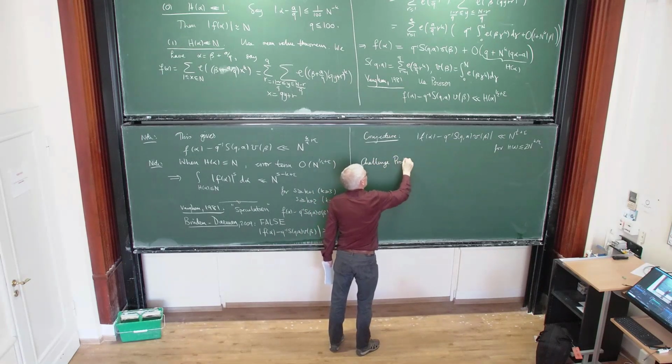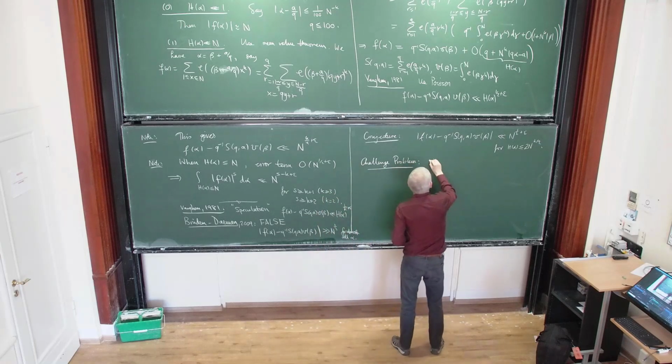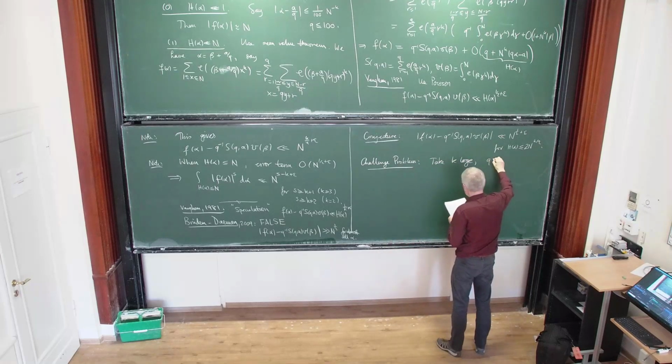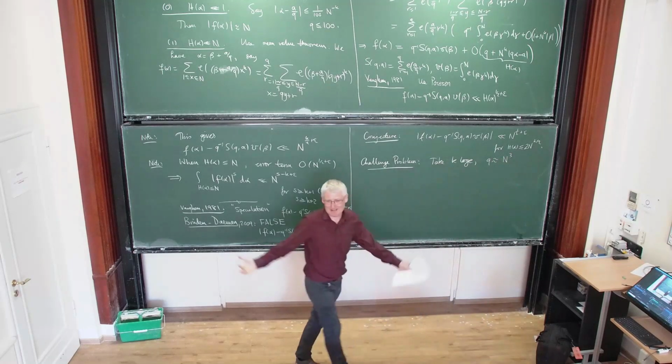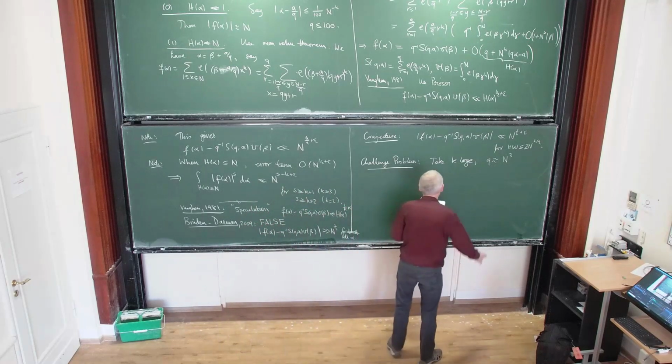Okay, so the challenge problem is to take k large, take q to be, let's say, n cubed in size. I'm not being very ambitious here. N cubed is bigger than n squared, not much bigger.